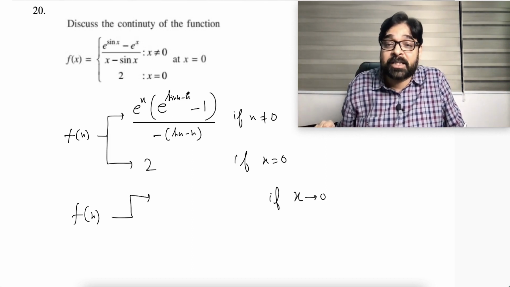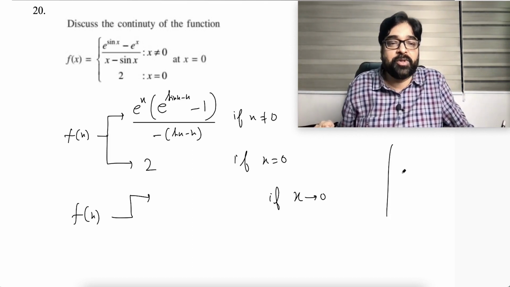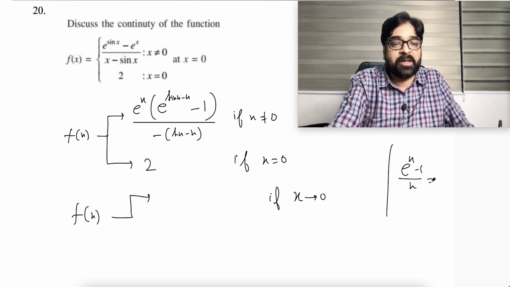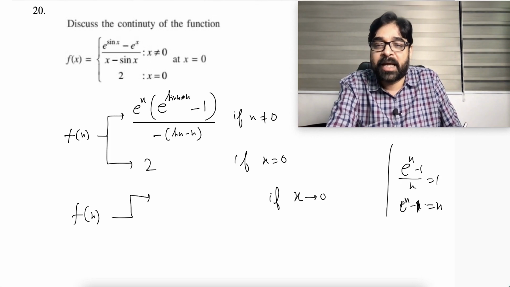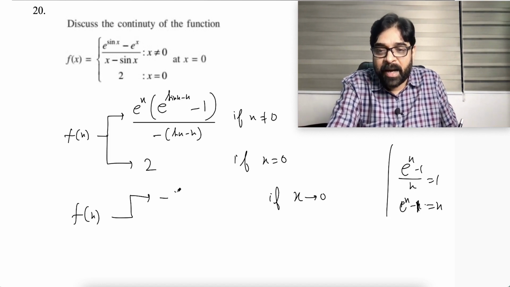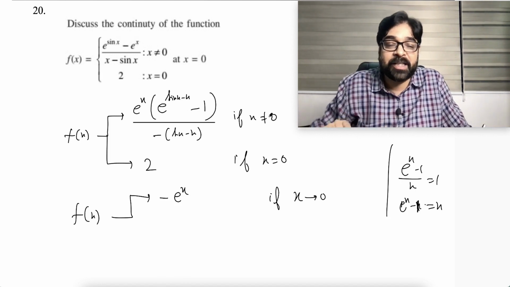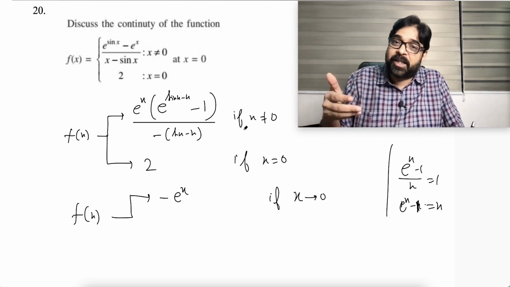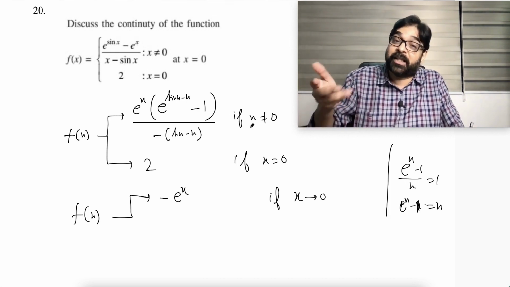So e power sin x minus x minus 1, using the formula e power x minus 1 by x equal to 1, e power t minus 1 will be equal to t. This can be written as sin x minus x, or not? Speak out. Sin x minus x. So this will get cancelled and we will get minus e power x. Did you understand? Remember what change I did. This was defined for x not equal to 0, meaning this is the value for x equal to 1 also, for x equal to 2 also, for x equal to infinity.